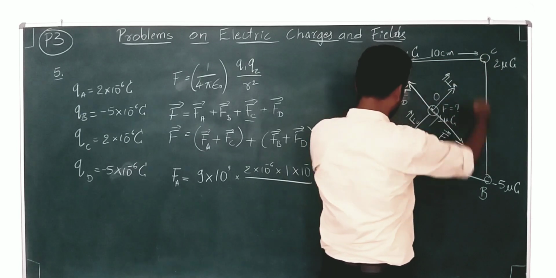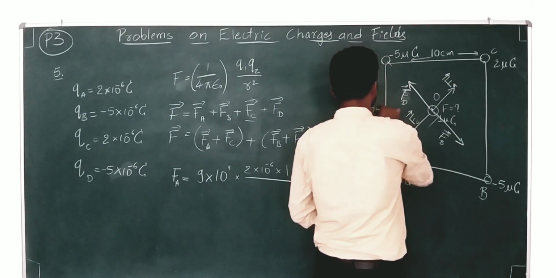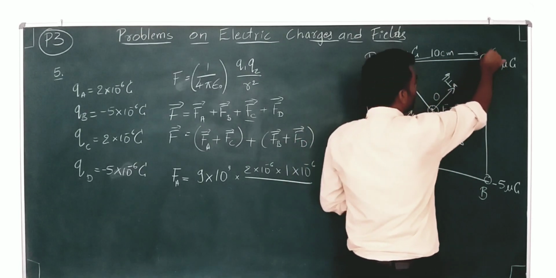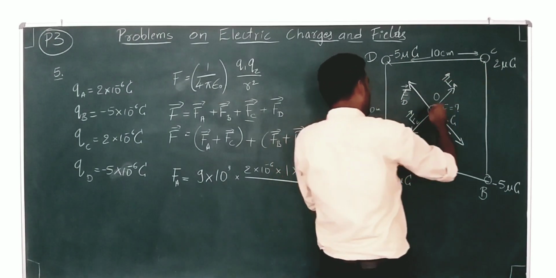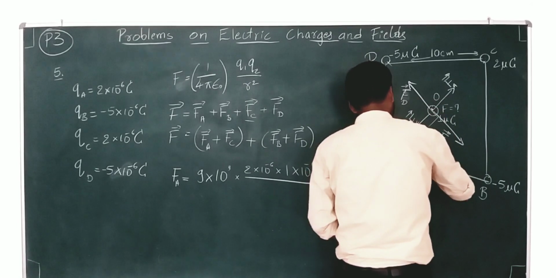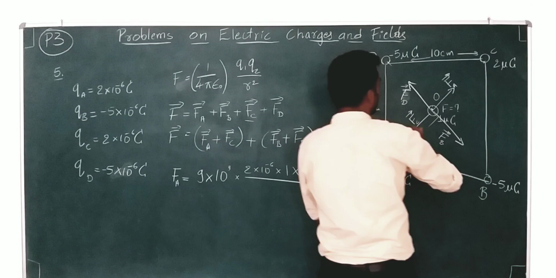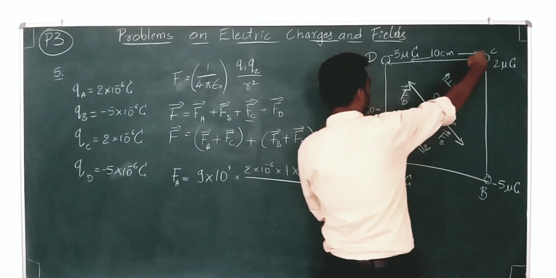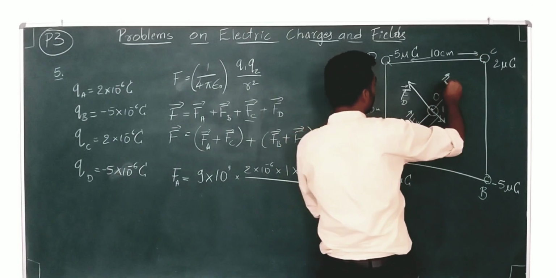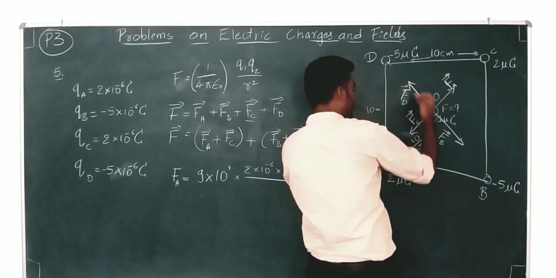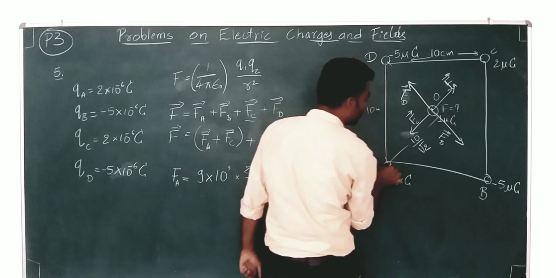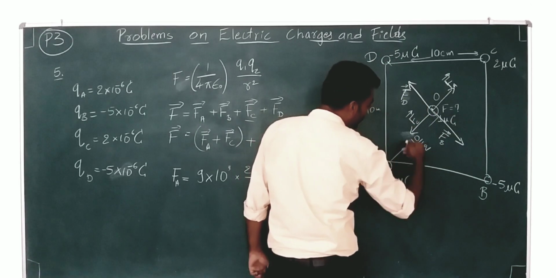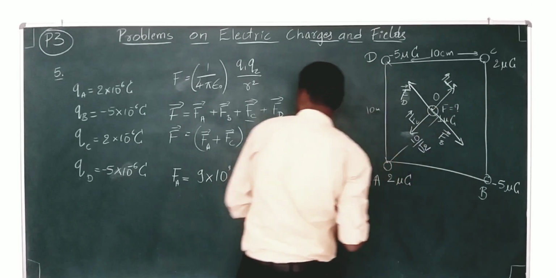See, it's a square of side 10 centimeter. So the diagonal will be 10 root 2. Put Pythagoras theorem, you will get it. And half of the diagonal will be 10 by root 2. The complete diagonal of the square will be 10 root 2, and half of that diagonal, which is the distance from the center to any vertex of the square, is 10 by root 2.